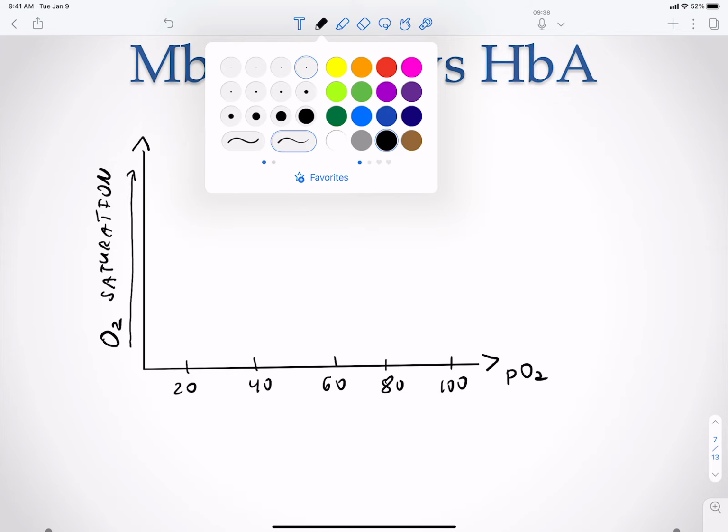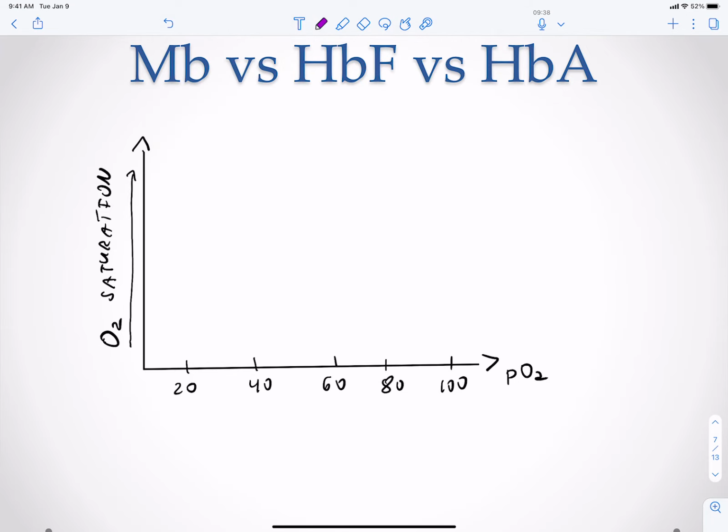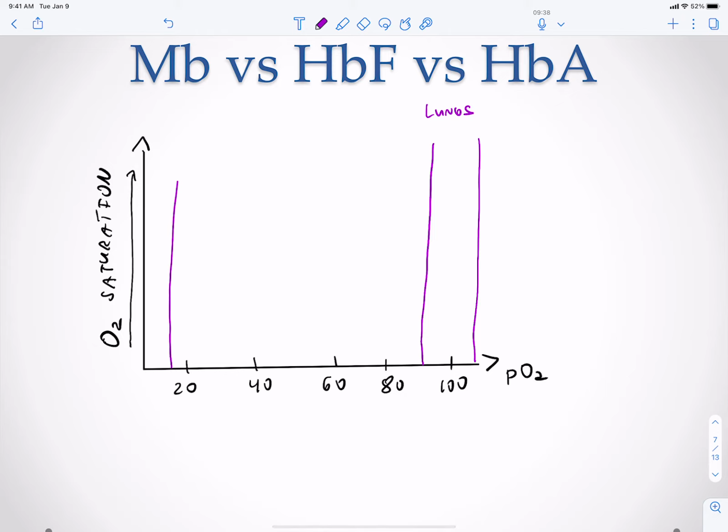And then over here, we have our lungs, somewhere around 90. A lot of oxygen out here. And over here in peripheral tissues, we have it somewhere between 20 and about 35.